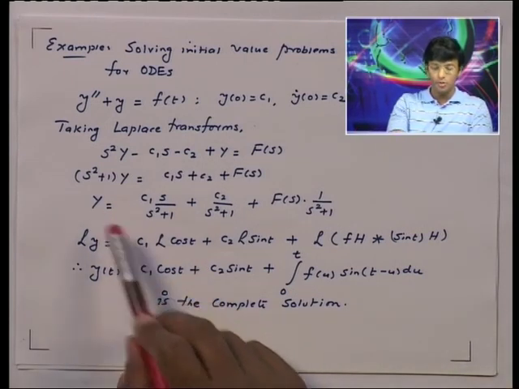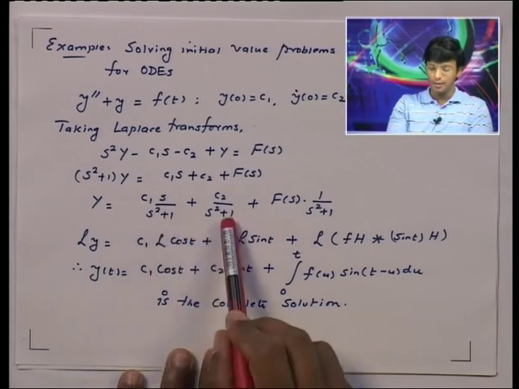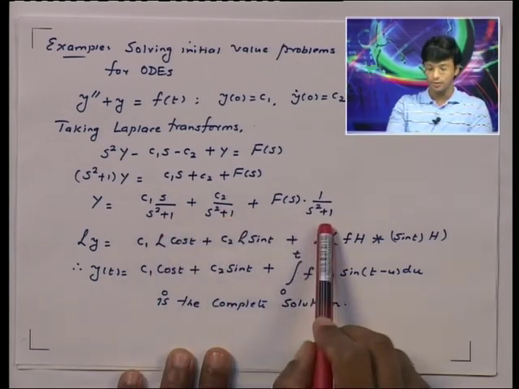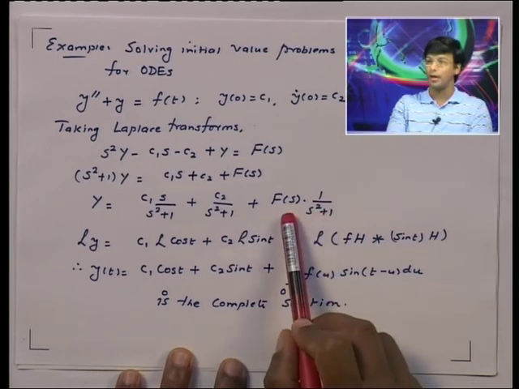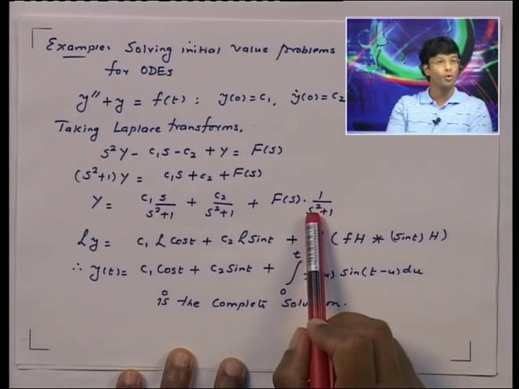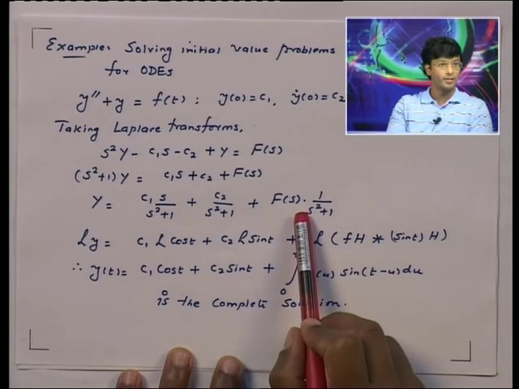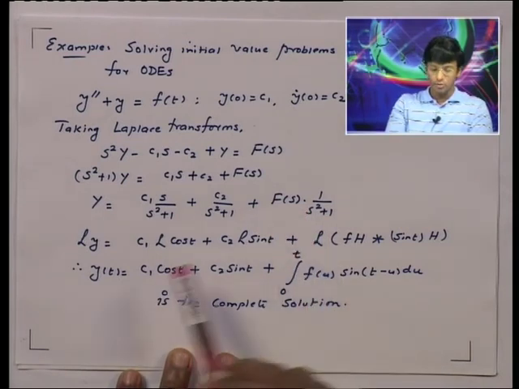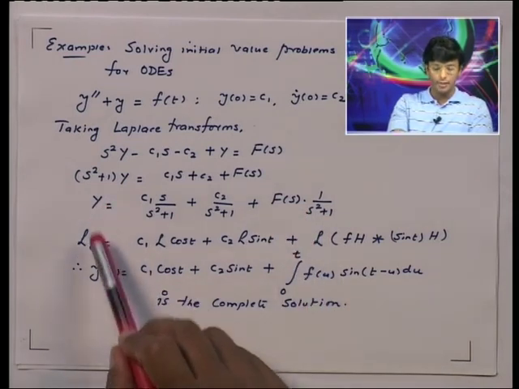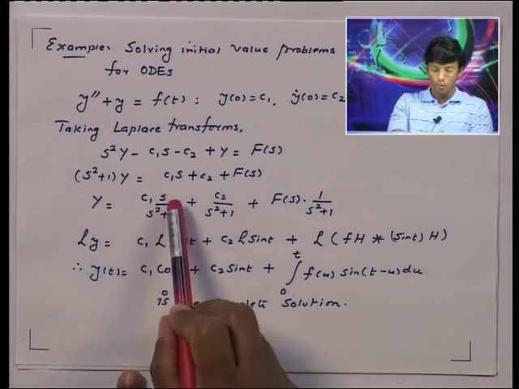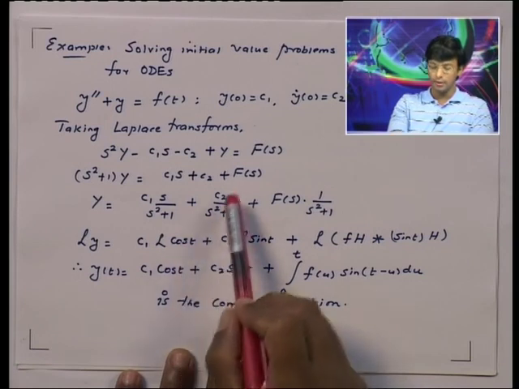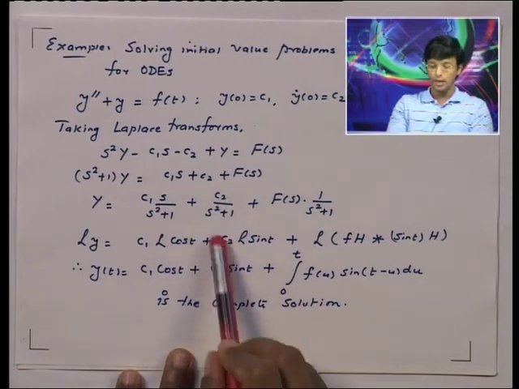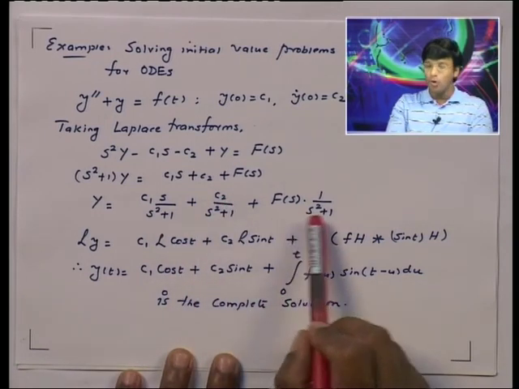Now you write down this Y as before as a sum of rational functions, except that here you don't know the capital F of s. Capital Y is the Laplace of little y. What is the first piece? It is the Laplace of cosine t. What is the middle piece? It is the Laplace of sine t. What is this last one?